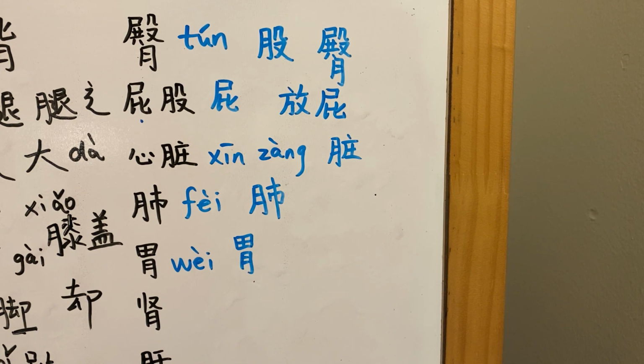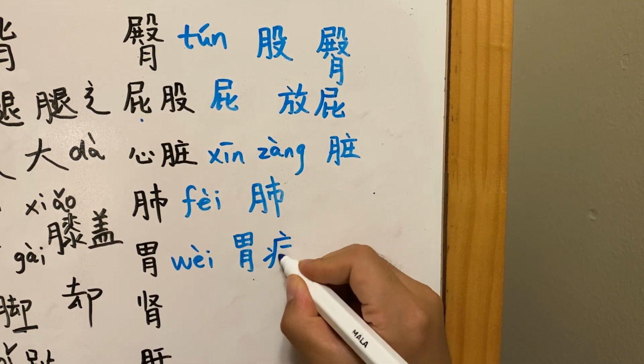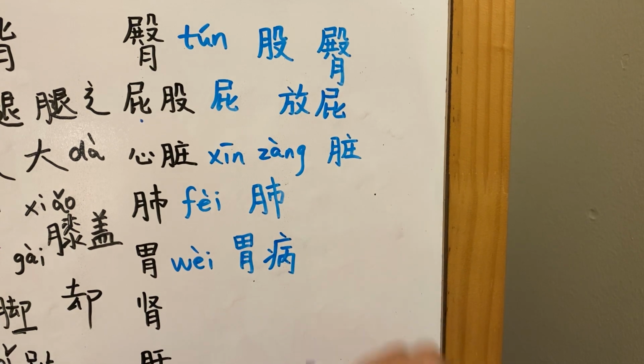Maybe because of the food safety there is very serious. So a lot of Chinese have stomach cancer. So it is very common in China to have 胃病, to have a stomach illness. A lot of people in China have 胃病. 病 is illness, 胃病.